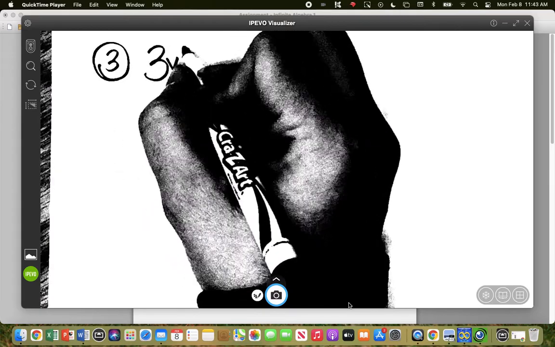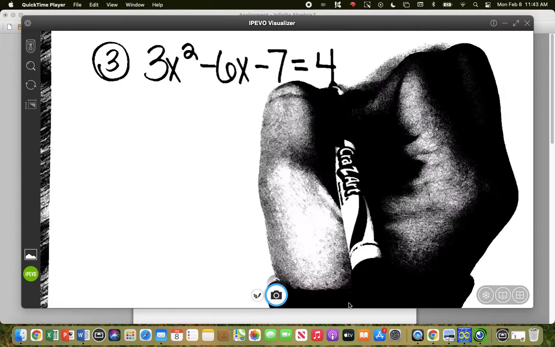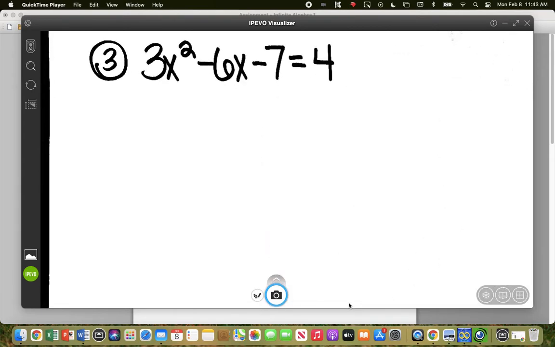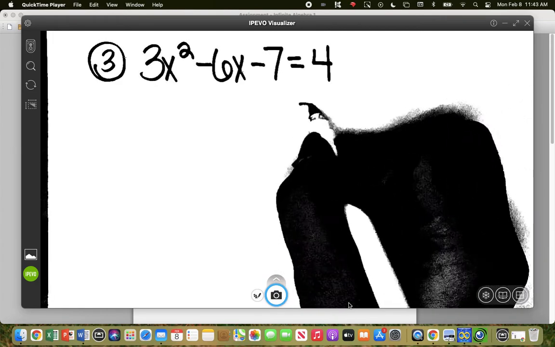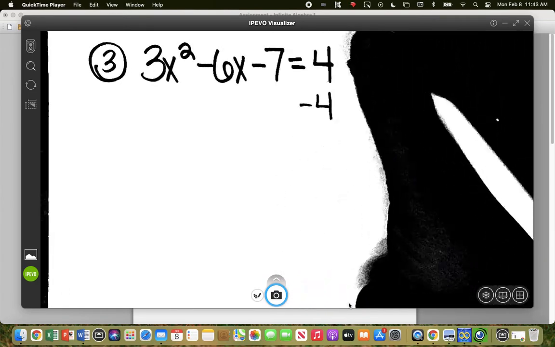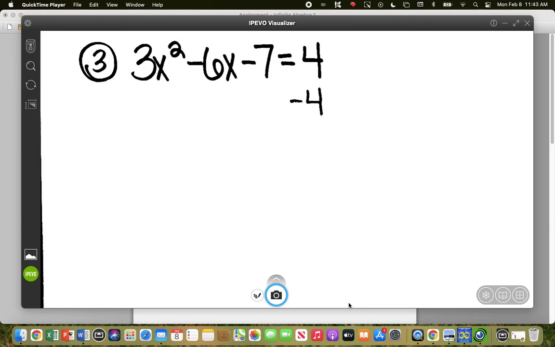3x squared minus 6x minus 7 equals 4. All right, what do I not like about this? It's not 0 at the end. Okay, we want it to be equal to 0, so how do I get rid of this 4? All right, I'm going to subtract it. Now, on this one, where else can I subtract the 4 from? The 7.